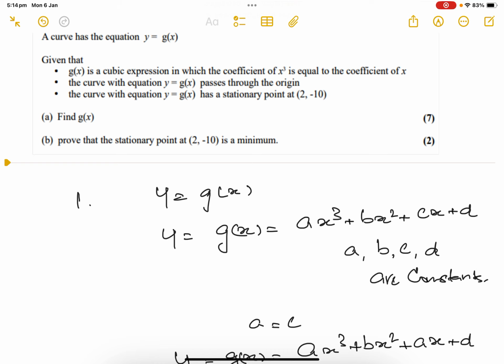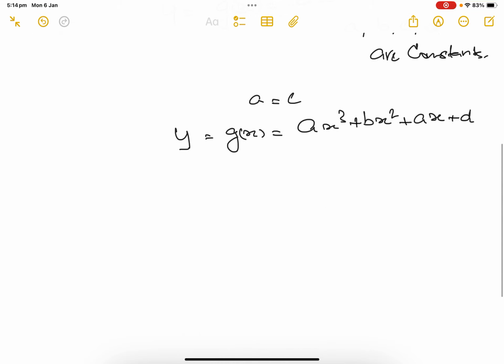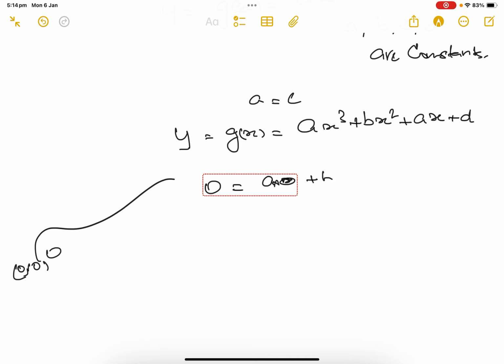The second line of information: the curve with the equation y equals g(x) passes through the origin. So if it passes through the origin, the coordinates of the origin, 0, 0, should satisfy the equation. So y equals 0: a times 0 cubed, plus b times 0, plus a times 0, plus d.